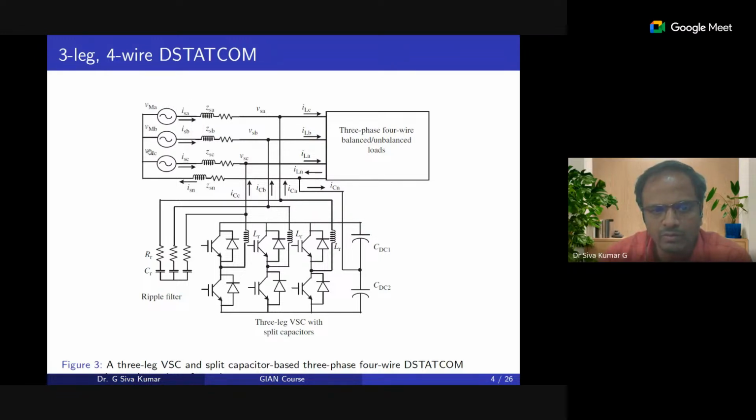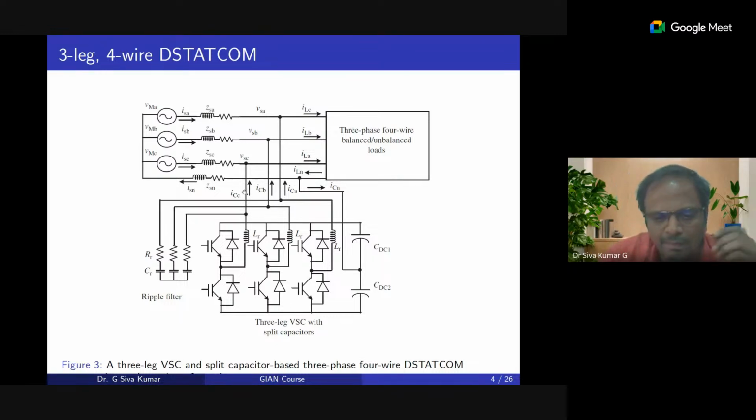We are going to improve your source power factor. What is the advantage of you making the source power factor unity?